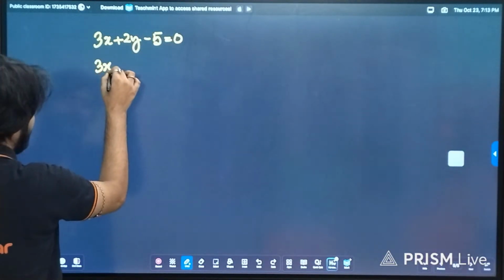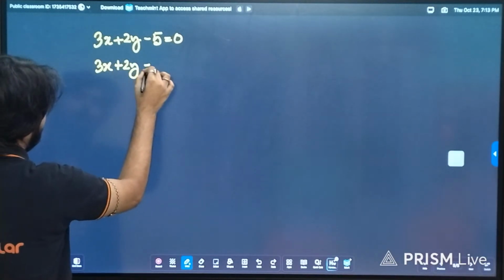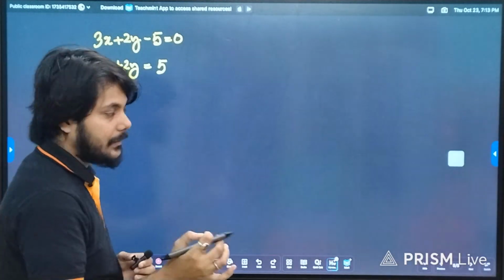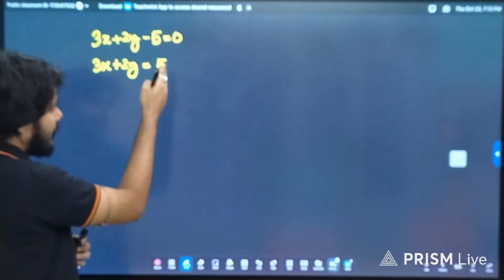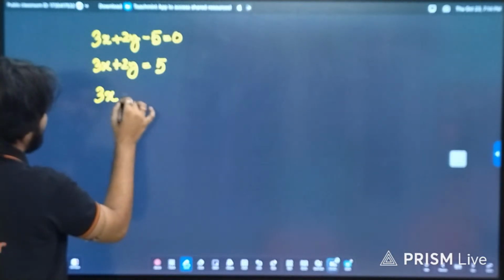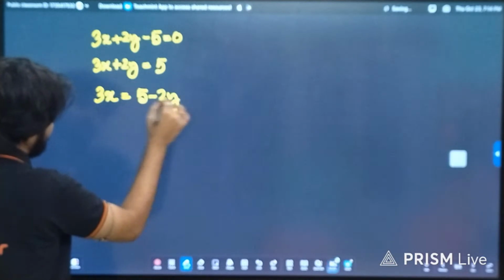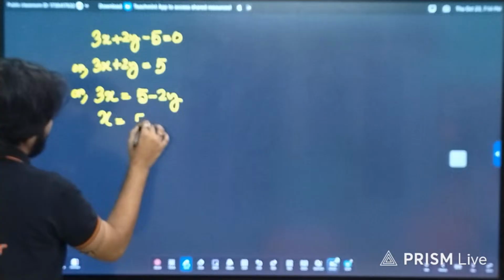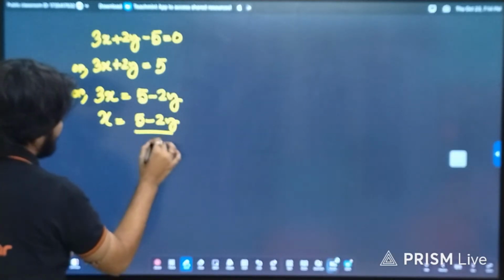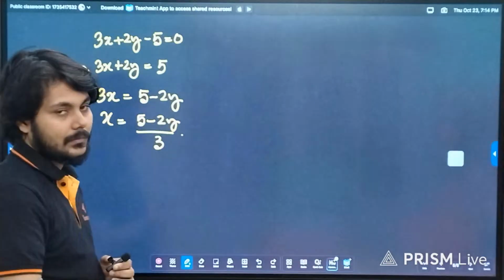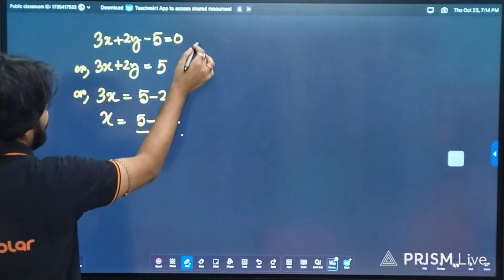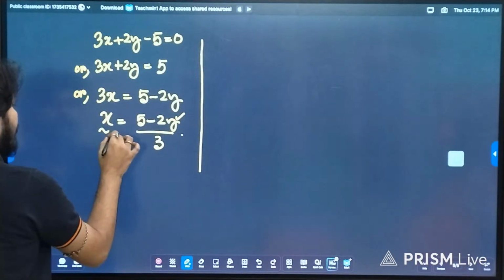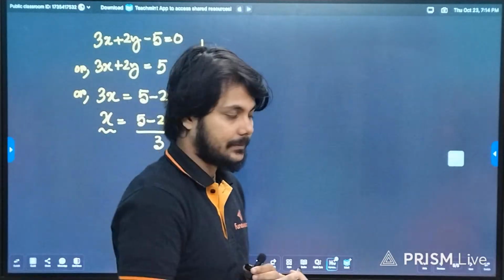Now 3x plus 2y will be 5, as minus 5 has been transposed to the RHS. That means the negative sign will be converted to the positive sign. So 3x will be 5 minus 2y, or x will be (5 minus 2y) by 3. Clear? Now we need to put different values of y, and accordingly we will get different values for x.